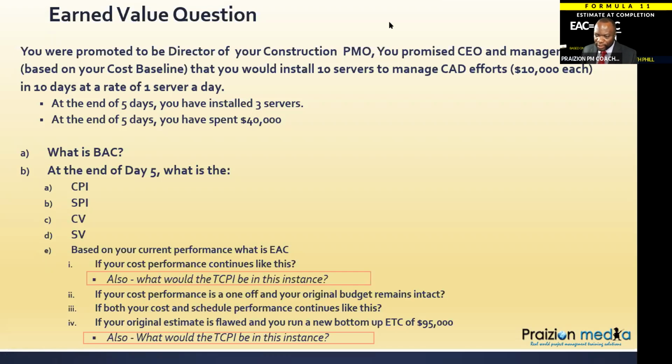Thank you, Willanda. It is that one behind me: BAC divided by CPI. Let me move out of the way. That one right here, okay? That's the one we're going to use. EAC equals BAC divided by CPI. Bear in mind that it is your CPI from inception to date, which is what we found.